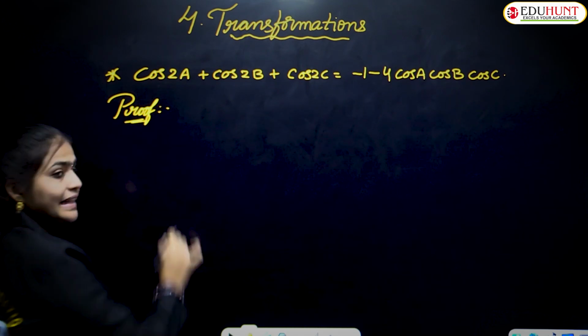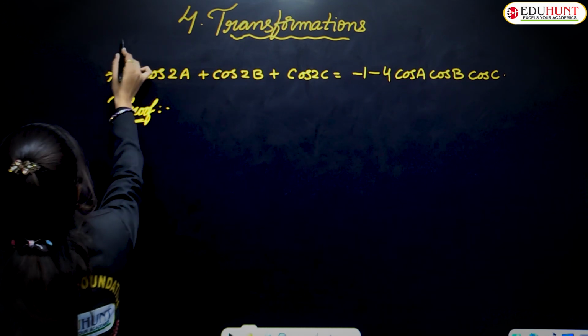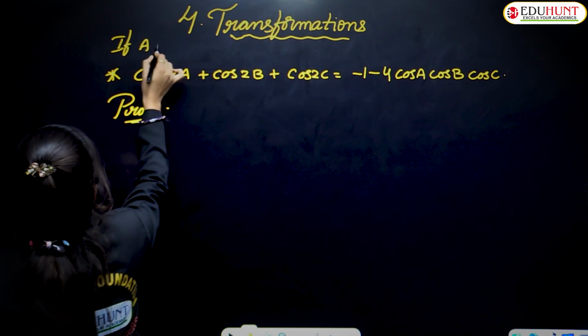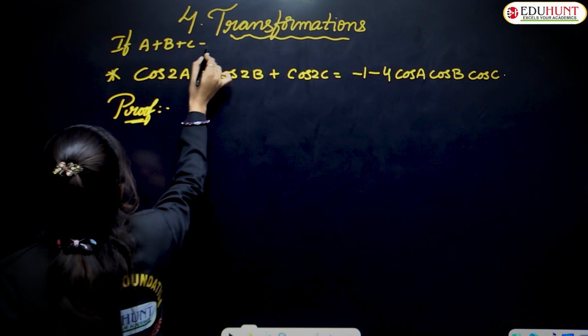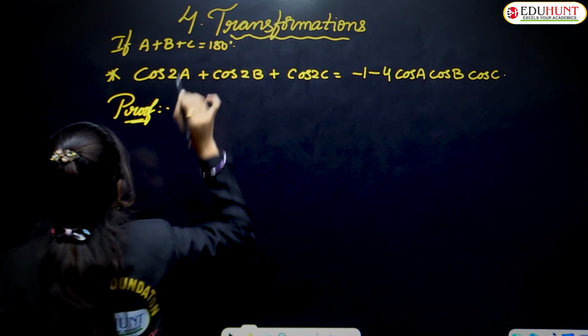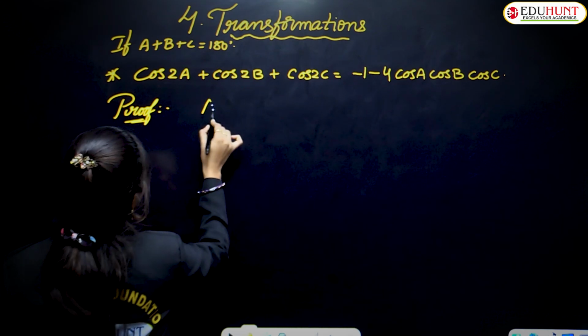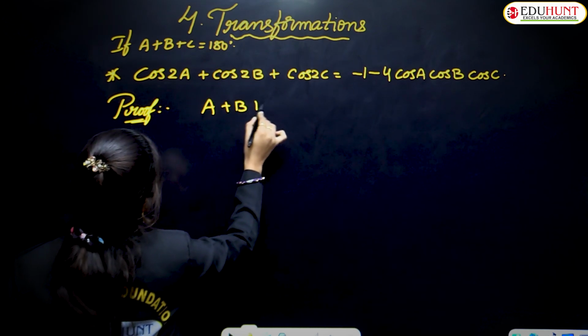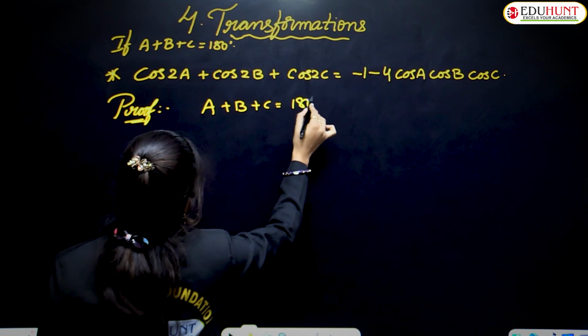And here we know the condition. What is that condition? If a plus b plus c is equal to 180 degrees. If you want, write here a plus b plus c is equal to 180 degrees.